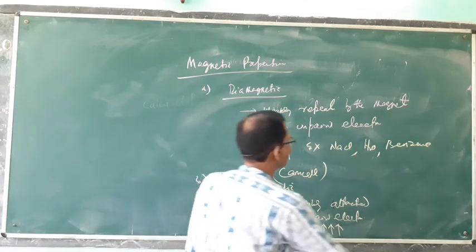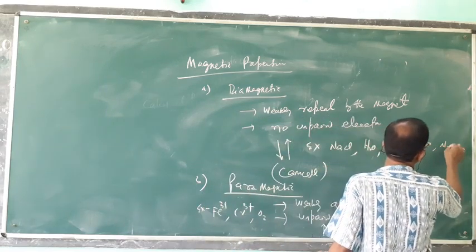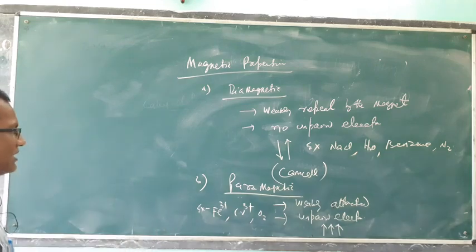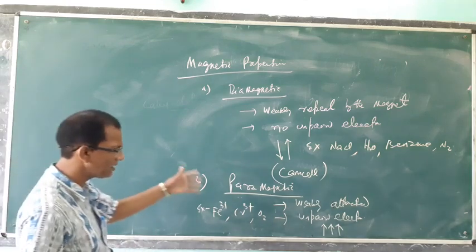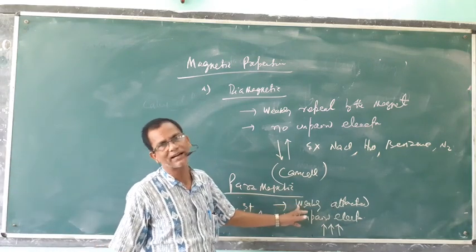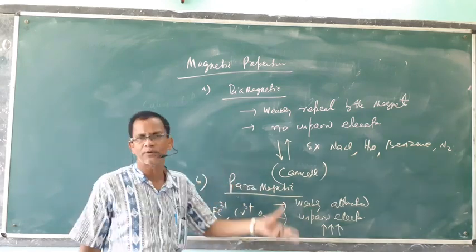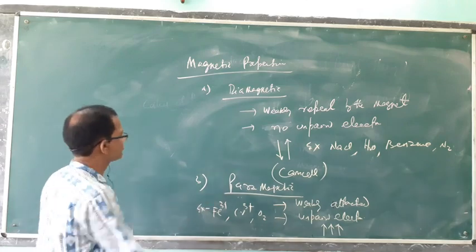Here also we can write nitrogen, no, nitrogen is diamagnetic, here oxygen. These are the paramagnetic substances. The main characteristic is they will be weakly attracted, not strongly, because how strongly depends upon the magnetic moment produced.